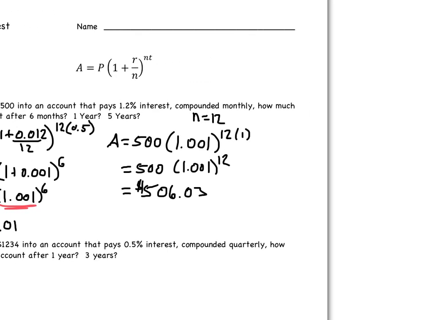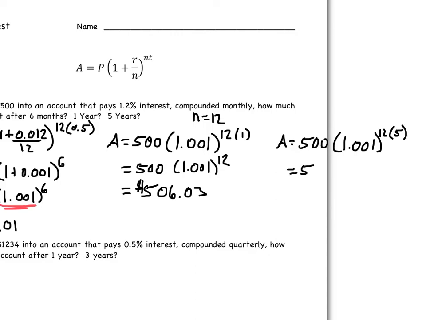And now we got to do it one more time. Looks like I'm going to run out of space here. So one more time, this time with 5 years. So A equals 500. Again, what's in the parentheses isn't going to change. They haven't changed the interest rate. They haven't changed the number of times it's compounded. All that's going to change is the T value, which is now 5.